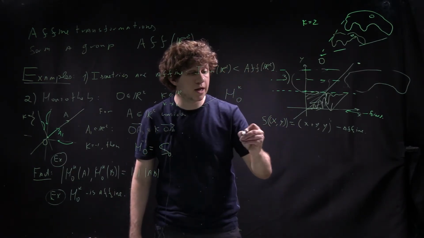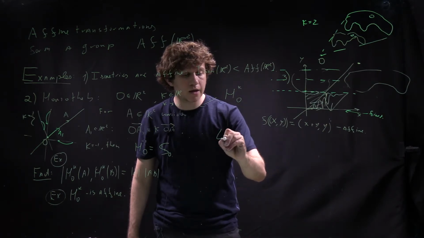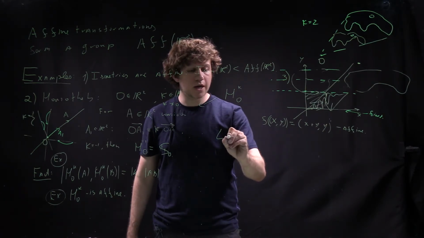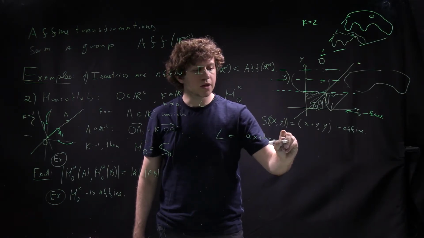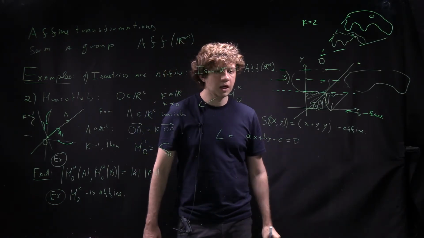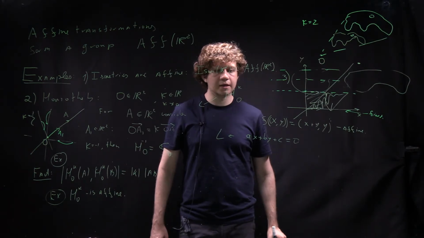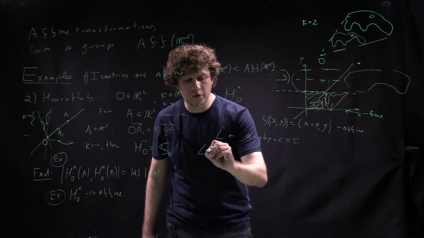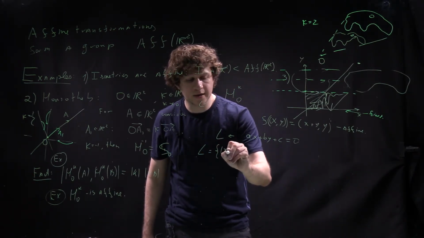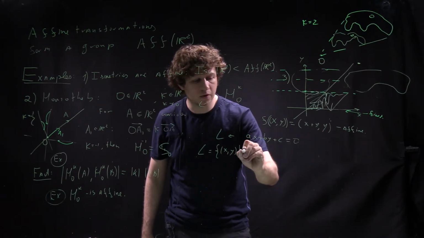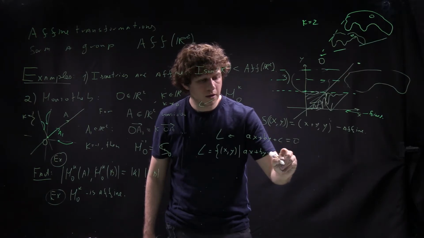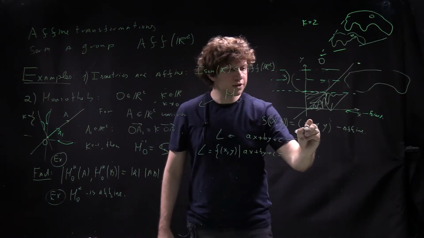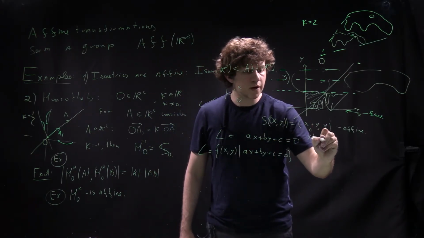If you take a line L, a general line has equation ax plus by plus c equal to 0. So L consists of all points xy such that this equation holds. And then let's denote the image by x prime, y prime.